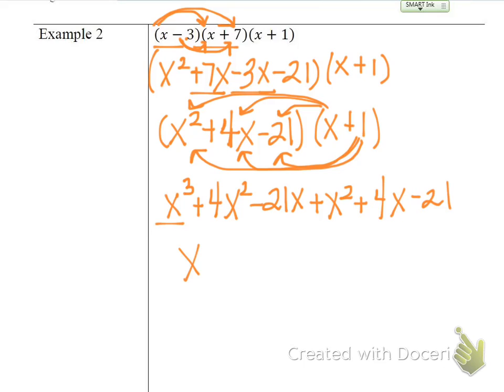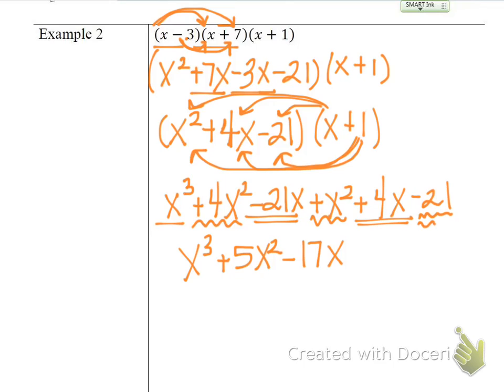X to the third, there's nothing to combine that with. 4x squared plus 1x squared is plus 5x squared. Negative 21x plus 4x is minus 17x. And then I have that negative 21 by itself. And that's your answer.